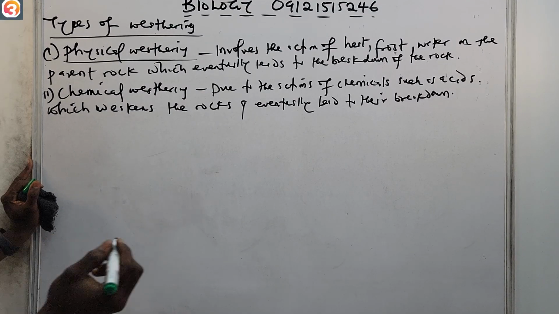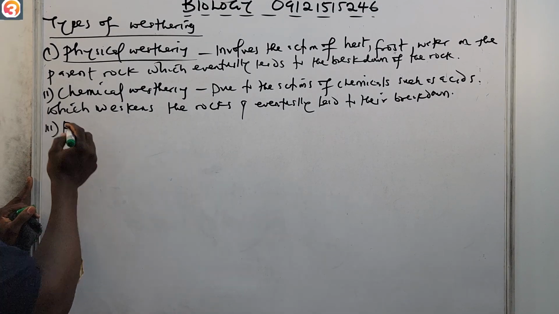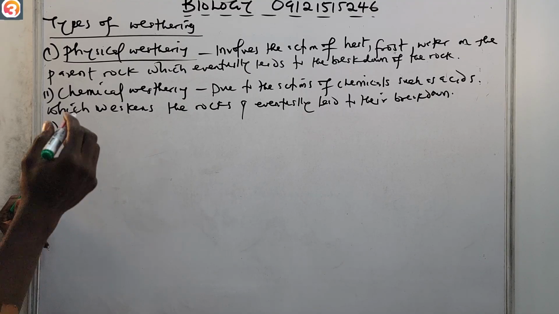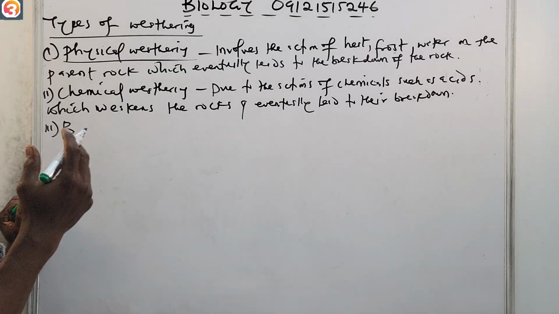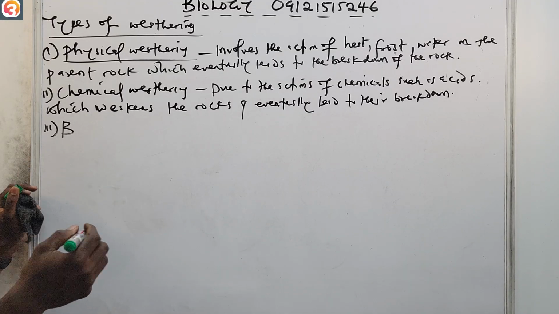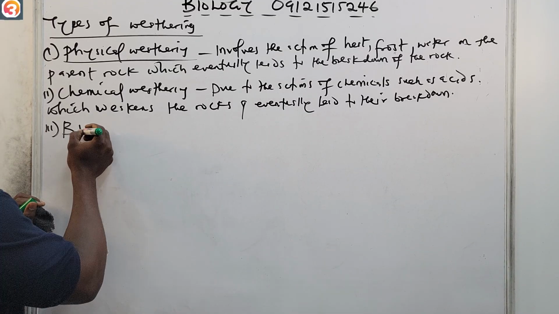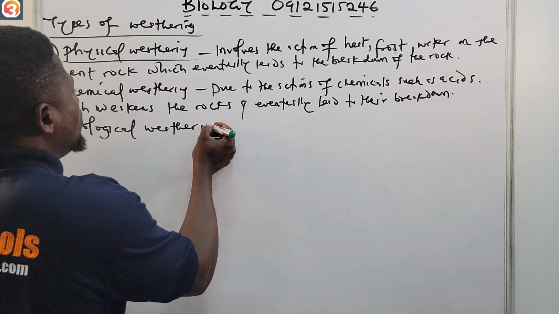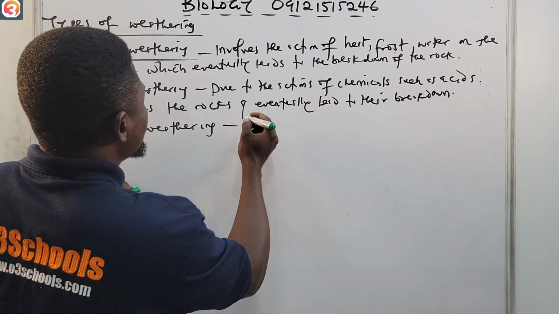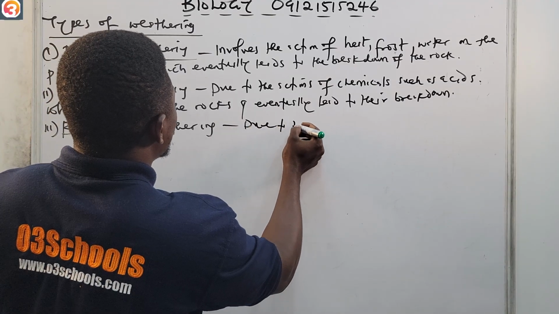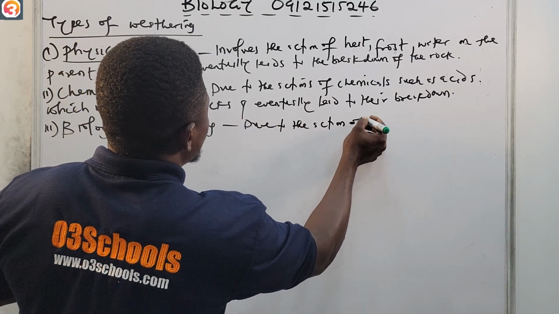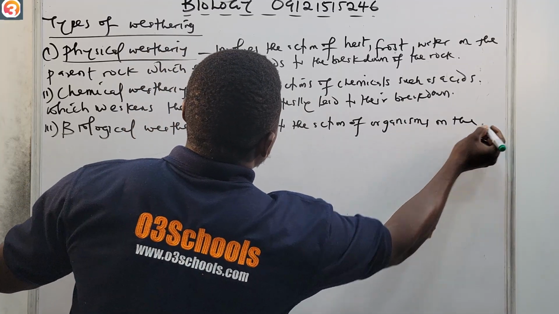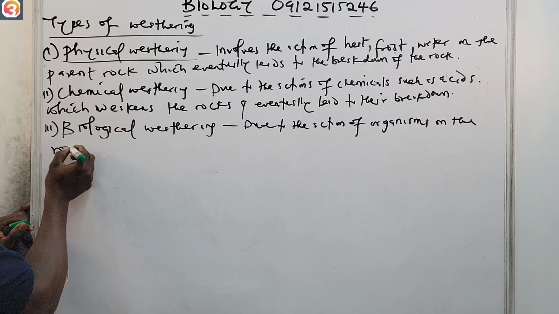They also have the biological. This one involves the action of organisms, like plant roots, which also eventually leads to the breakdown of the rock. So biological weathering is due to the action of organisms on the rocks.